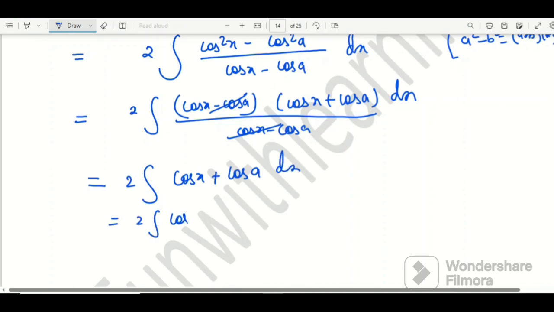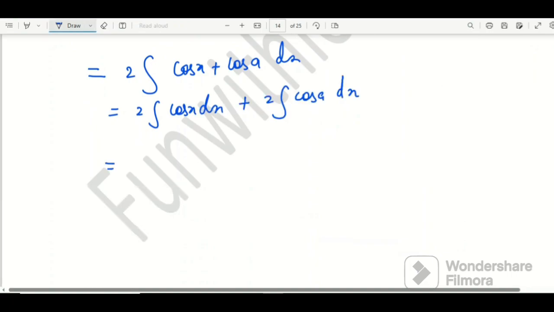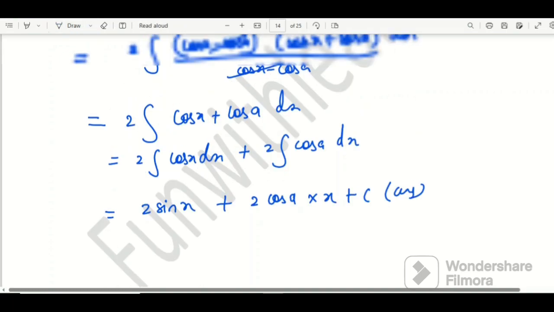I'll have 2 into integration of cos x dx plus 2 into integration of cos a dx. Integration of cos x will be sin x, and this cos a is constant, so I'll write 2 cos a into x plus c as our answer. We can check the answer.